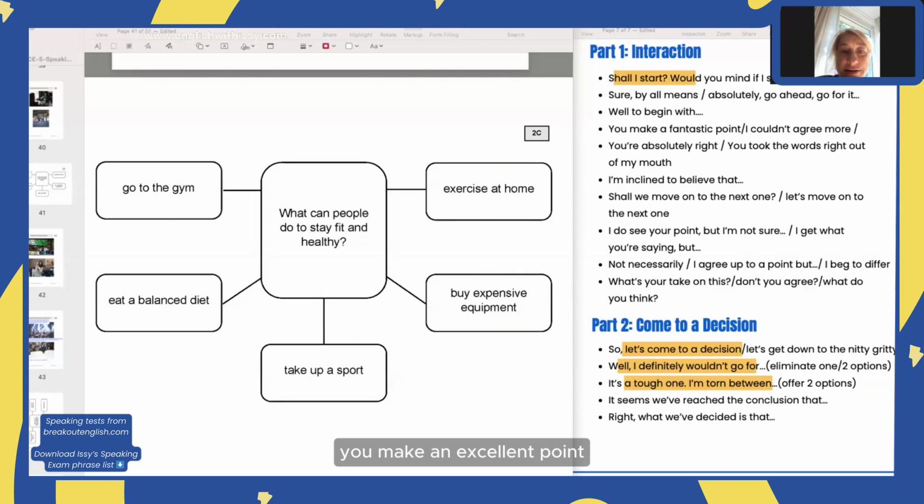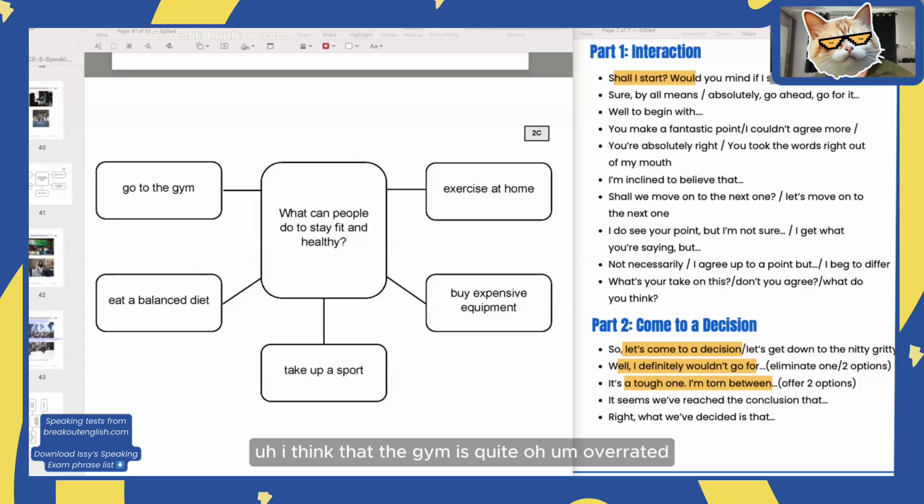You make an excellent point. I totally agree with you. What about going to the gym? Because I think not everybody is a gym enthusiast. What do you think about going to the gym? I think that the gym is quite overrated.